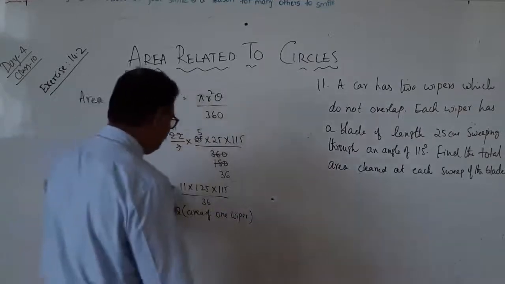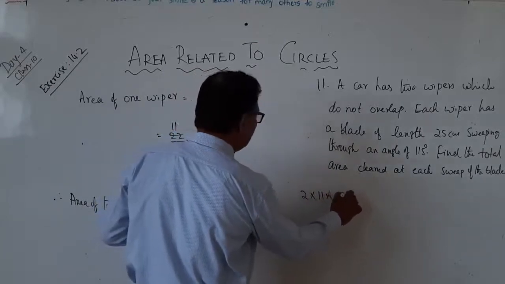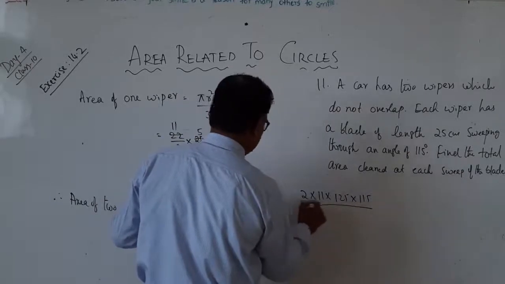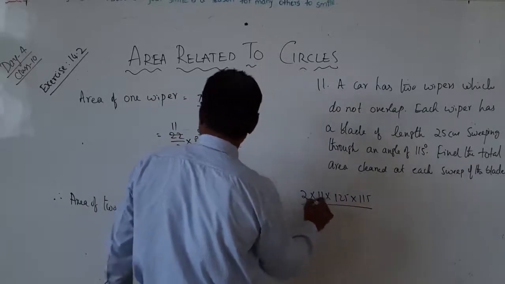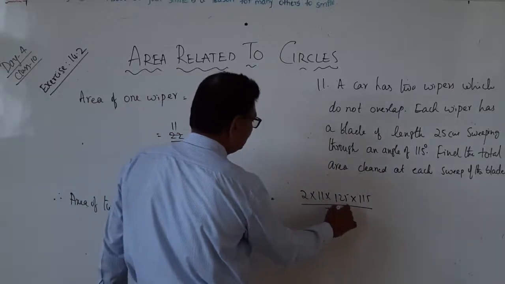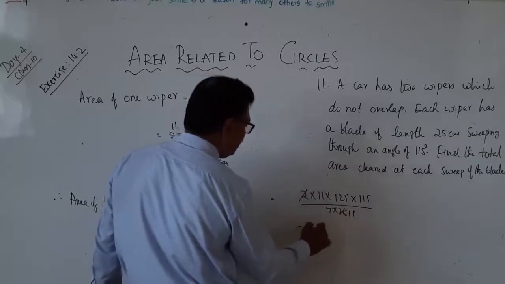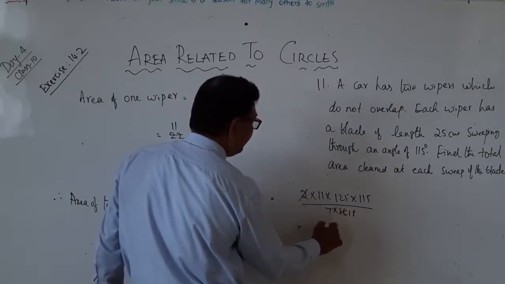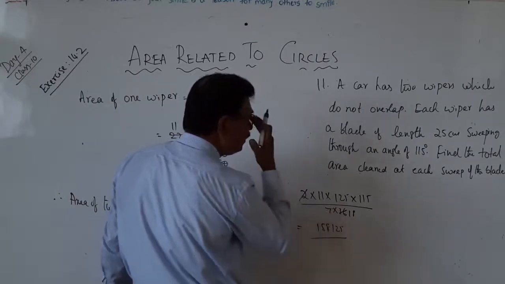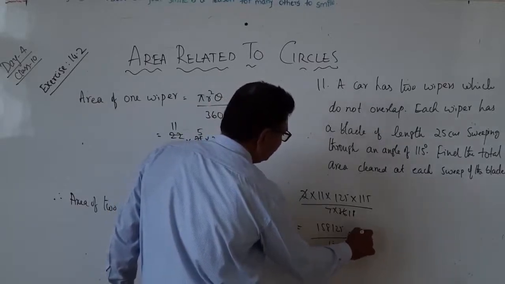That is equal to 2 into 11 into 125 into 115 divided by 7 into 36. So it will be approximately 158, 125 divided by 18, which is about 126 centimeter square.